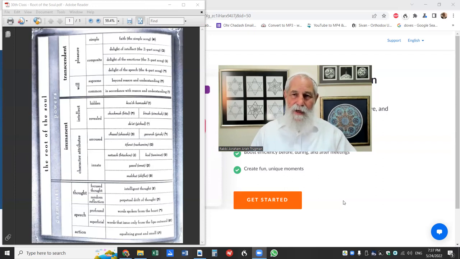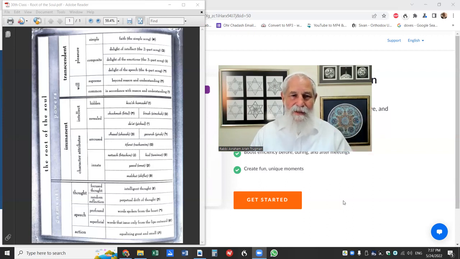Same thing with gevura. There's a passive strength, and then there's a very assertive type of strength.